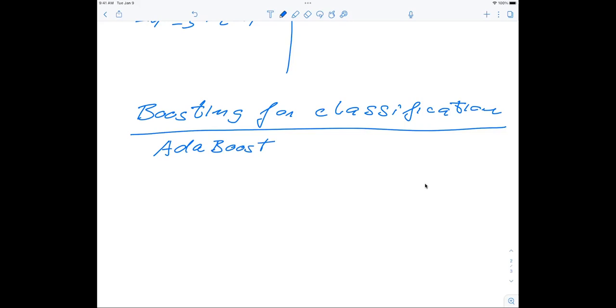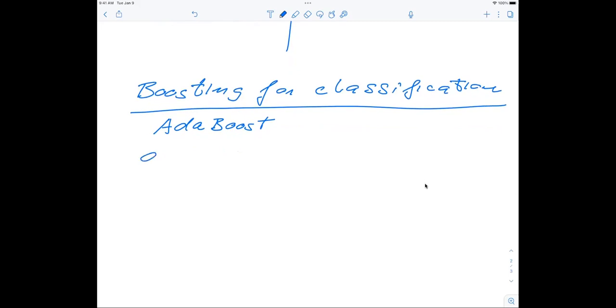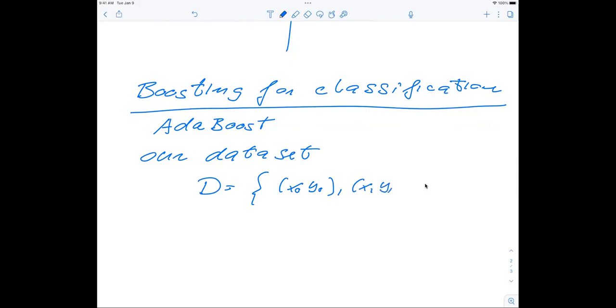So we have, as usual, a data set. So our data set is given by this domain, D. This is given by D here, and we have x0, the output, and then inputs x1, output y1, and so on, all the way up to xn minus 1, yn minus 1, like that.